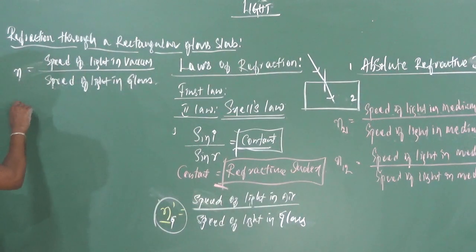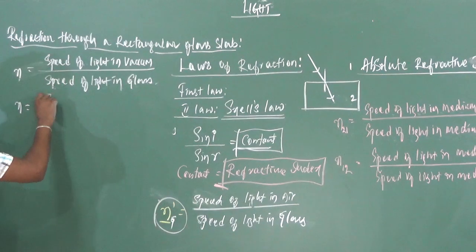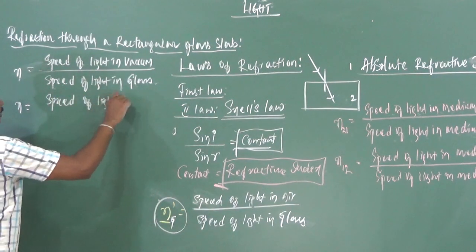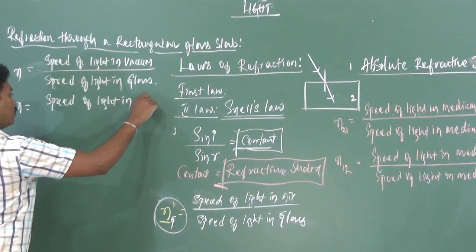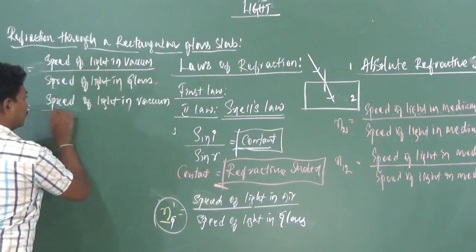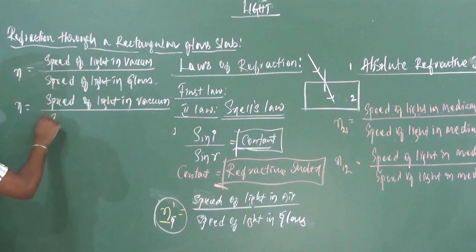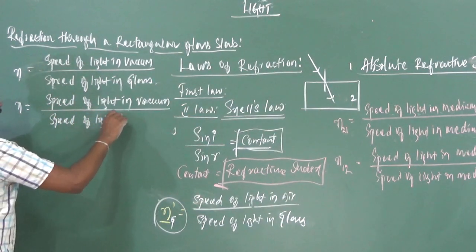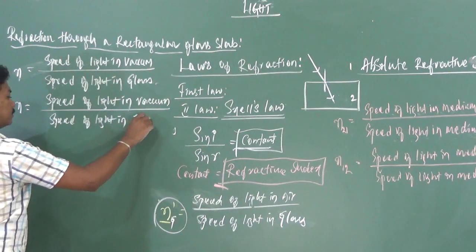So I will give another example. I want the absolute refractive index of ice. So I can do it like this: the speed of light in vacuum or air, whichever you can take, by the speed of light in ice.